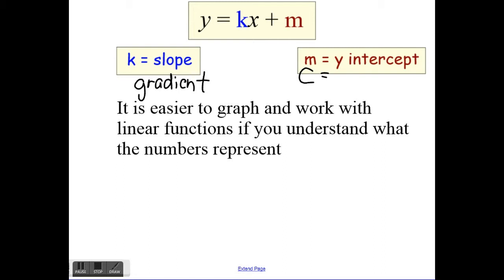So if you understand how the slope and y-intercept work, graphing actually becomes quite easy. There's no need to make a table of values. You can easily get 2 points, and it's a lot quicker. But first, we have to understand what each of these things mean.